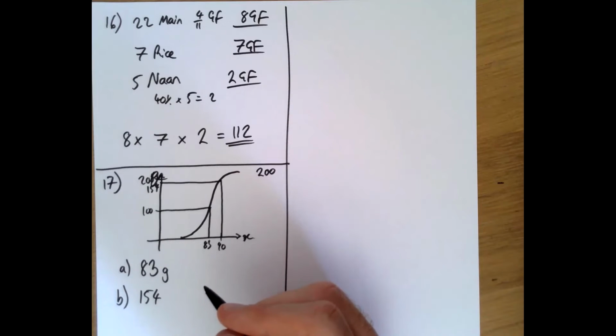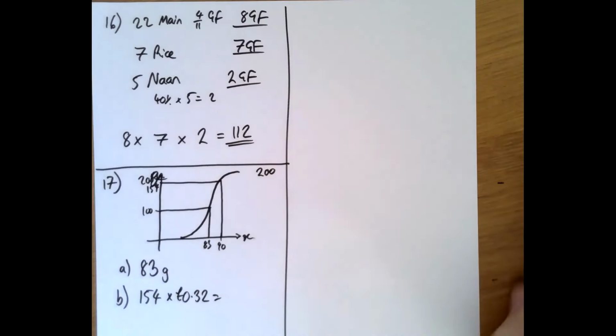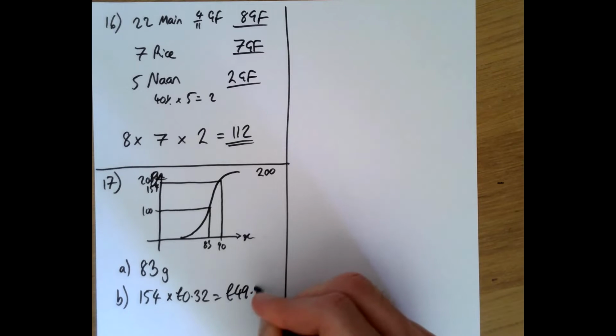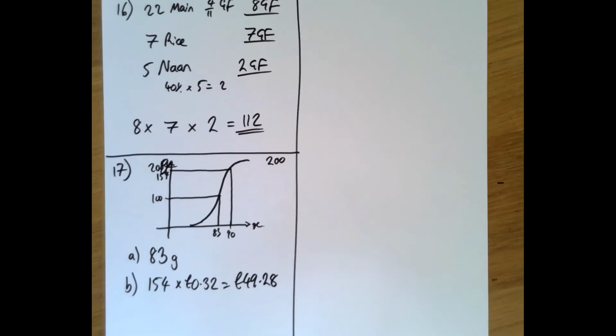And how much was it for 90 grams? Well, it was 32 pence, so I'm just going to put it in pounds, 0.32. Type that into your calculator. 154 times 0.32 equals £49.28. Well, the rest must be more than 90, right?